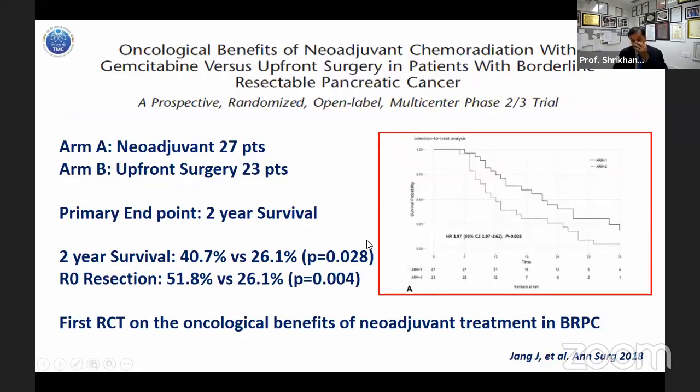Jin Young Jang is a leader again from Seoul, and they looked at oncologic benefits of neoadjuvant chemoradiation with gemcitabine versus upfront surgery in this multi-center phase 2 and 3 trial. 27 patients neoadjuvant, 23 patients adjuvant, upfront surgery, and you see the difference in the Kaplan-Meiers. Primary endpoint was 2-year survival, and there was a difference again in the 2-year survival, 40% to 26%.